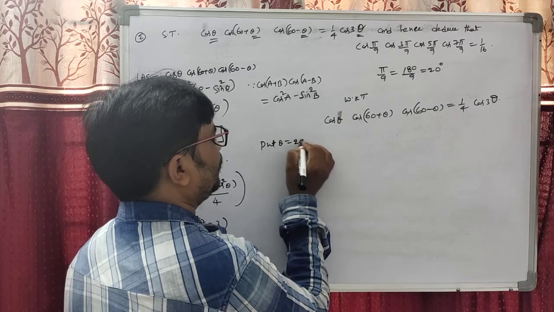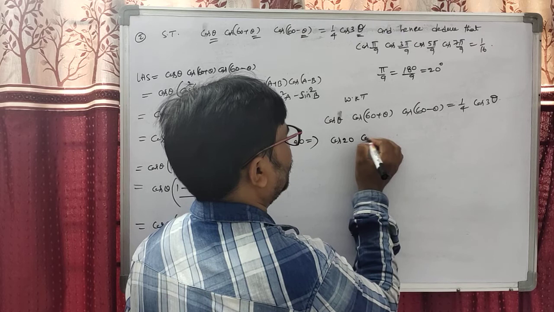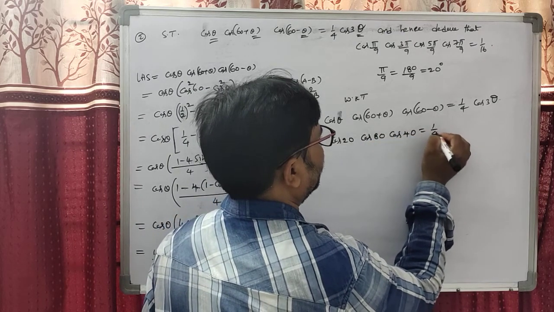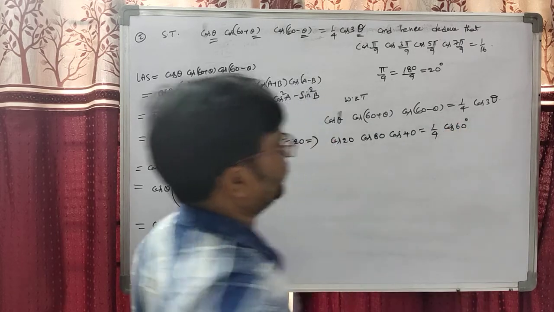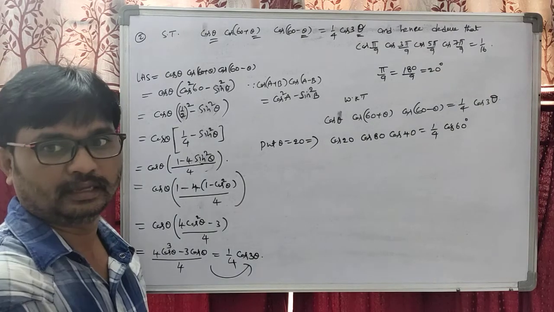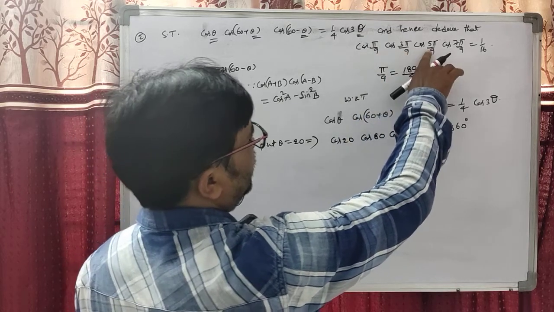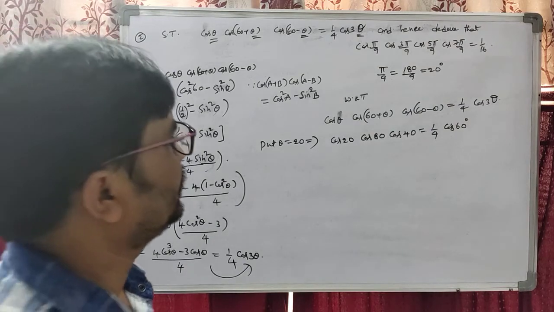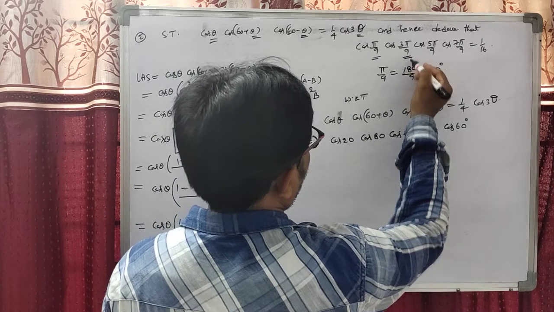My dear students, substituting theta equal to 20: cos of 20, cos of 80, cos of 40 equals 1 by 4 cos of 3 into 20, that is 60. So dear students, this is what happened here: 20, 60, 100, 140.